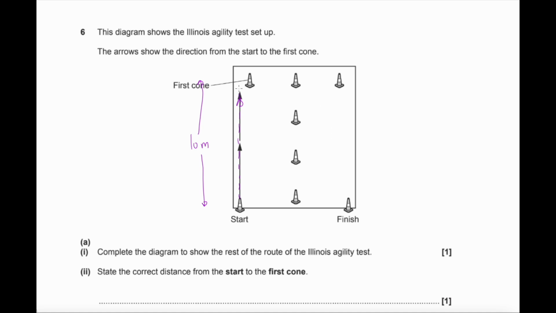But my performer, they're going to go round here. They're going to come down here, they're going to go round here, round here, round here. I hope I've got this right. Round here, round here, round here. They now come up this way, back round this cone, and of course they finish down here at the finish line. So obviously, I've just sketched that out in a very, very scruffy way.